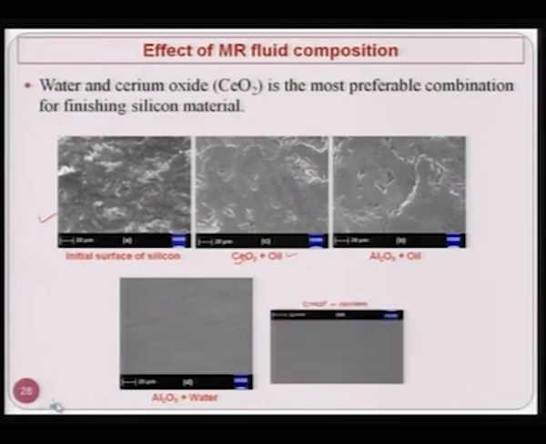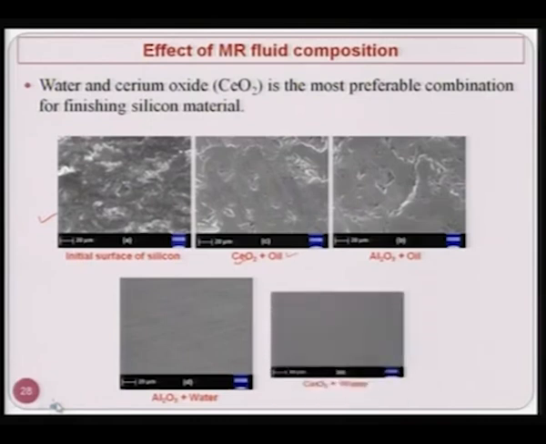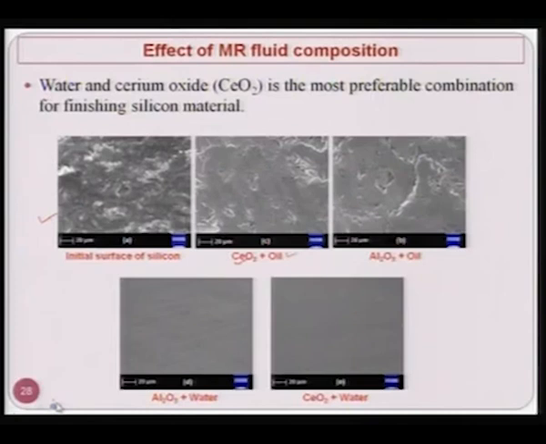And finally, the surface was finished with water as the carrier fluid and cerium oxide as the abrasive particles, and you can see excellent surface finish obtained in the last case as compared to the other cases.